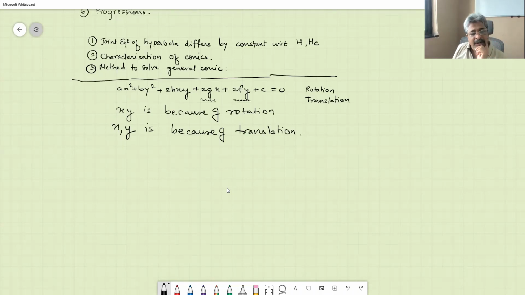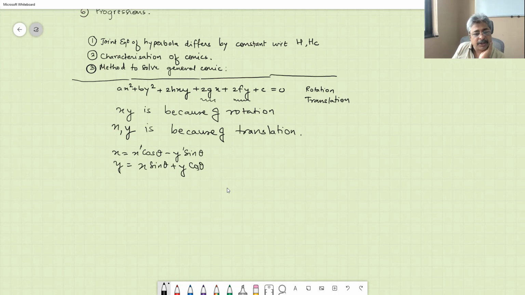So the first thing we would like to do is rotate by using our formula x is equal to x dash cos theta minus y dash sin theta, y is equal to x dash sin theta plus y dash cos theta.